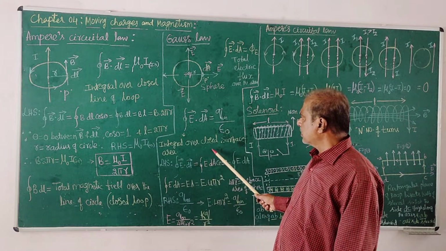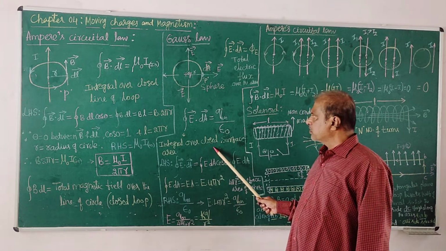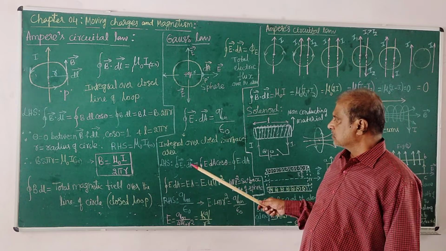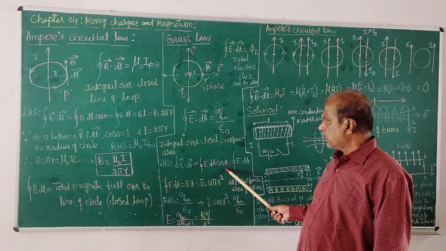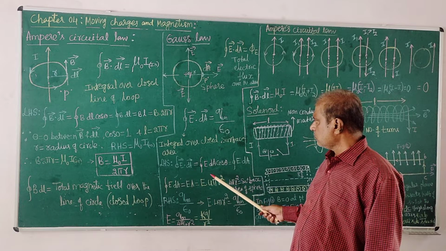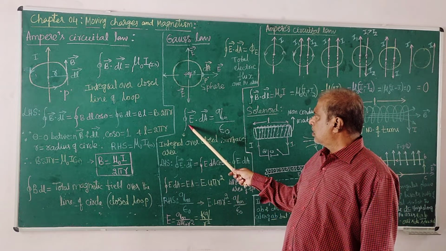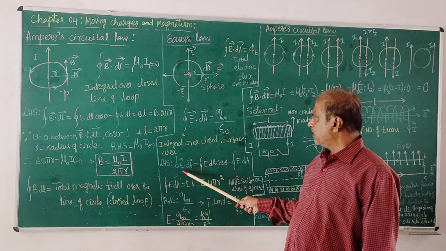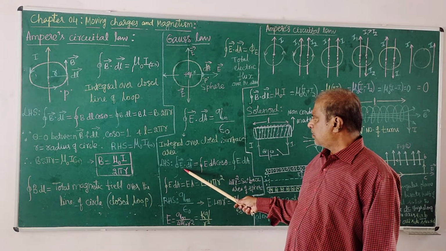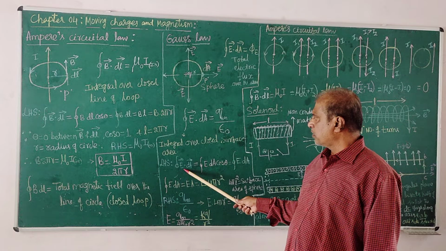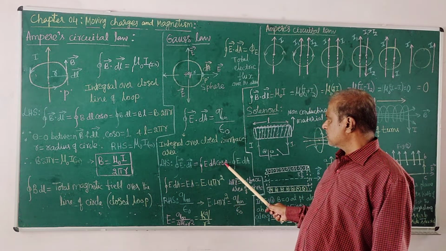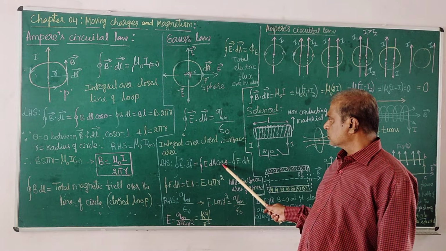Again I am recalling this calculation, reminding you of the similarities for comparison. For simplification of the LHS, the integral of this, apply the definition of the dot product of vectors. This is E into dA cos theta, theta equals 0, cos 0 equals 1.